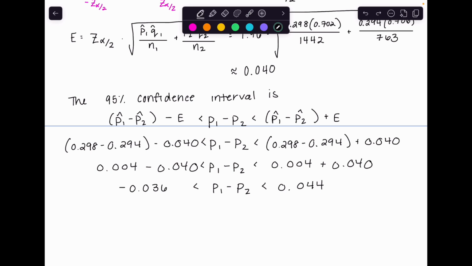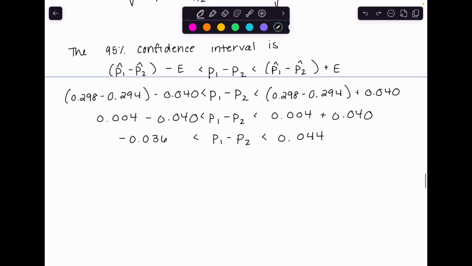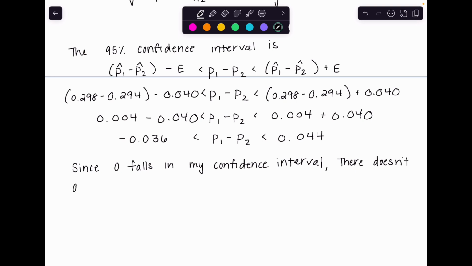But in this case, because 0 falls in my confidence interval, there does not appear to be a difference between the two proportions.